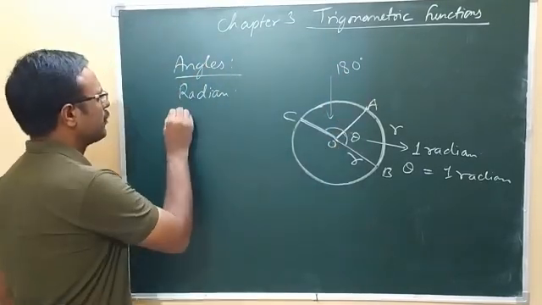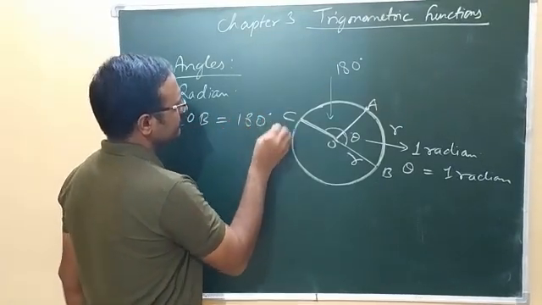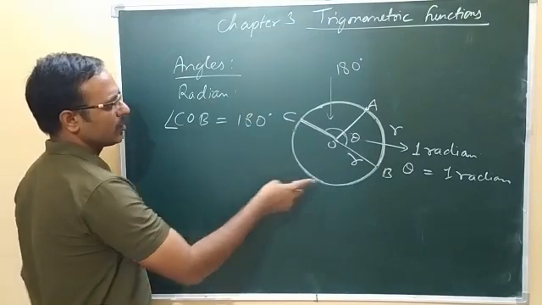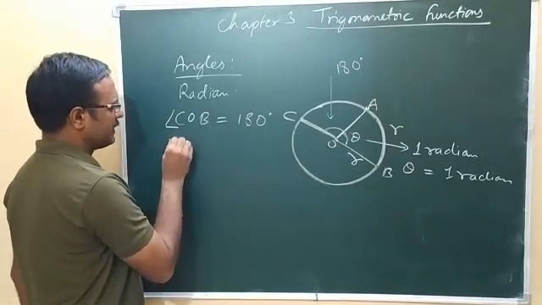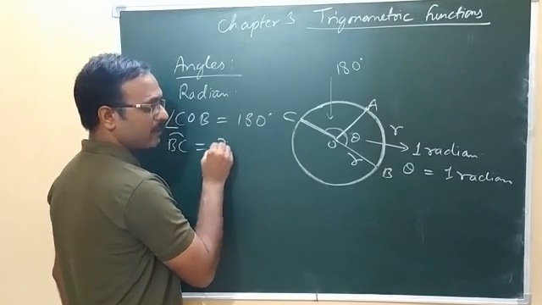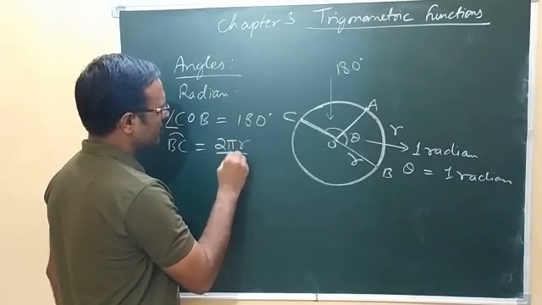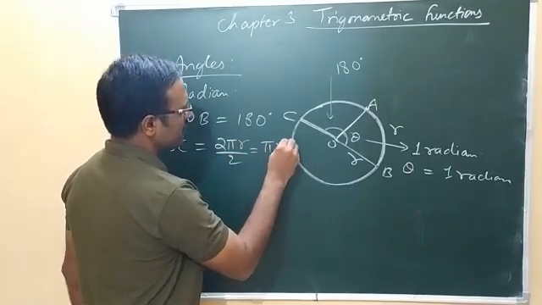This angle COB is equal to 180 degrees. Also you know that the length of arc BC is half of the circumference of the circle, so it will be 2 pi r upon 2, which is equal to pi r.